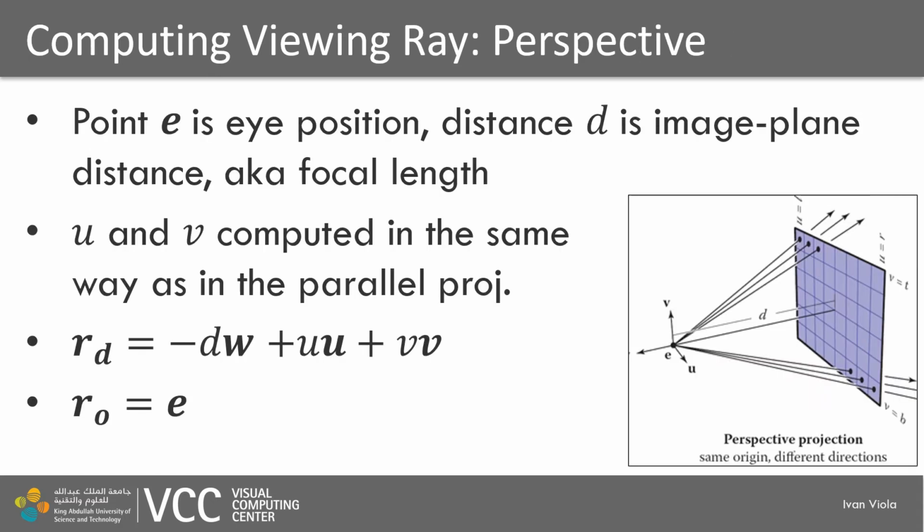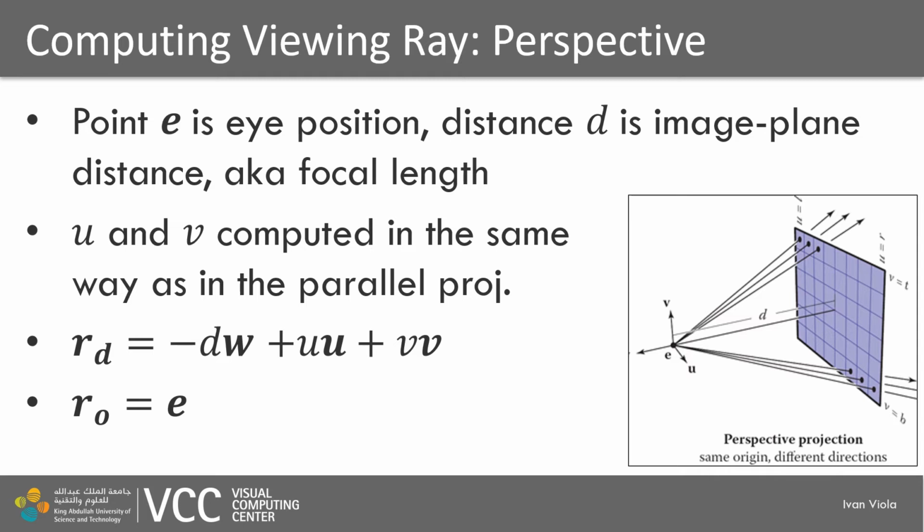For the perspective, we have essentially a similar situation, but the difference is that the eye point is not just part of the plane, but it is outside the plane and at a certain distance d from the viewing plane.